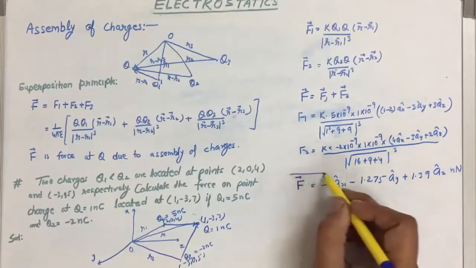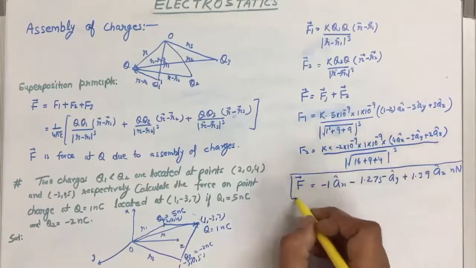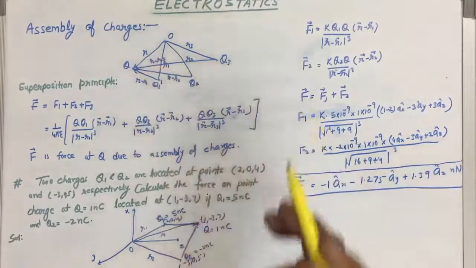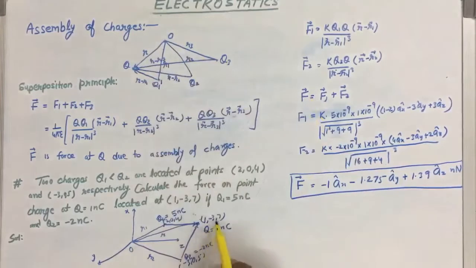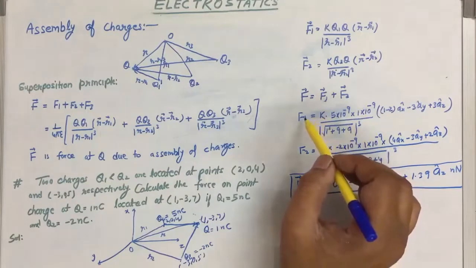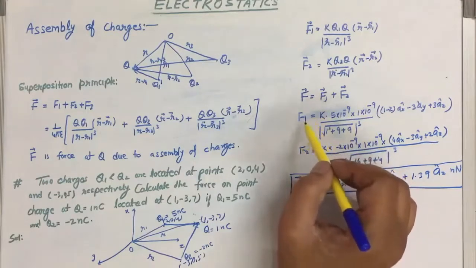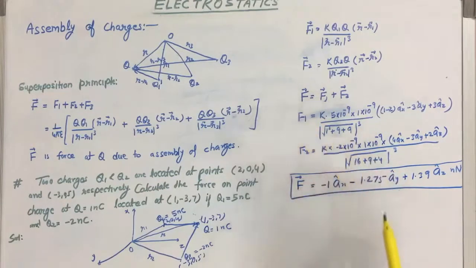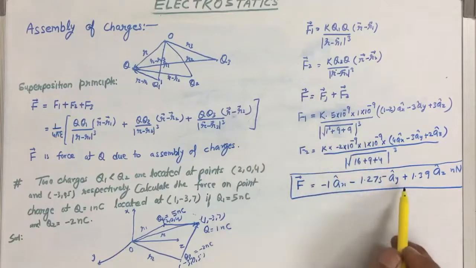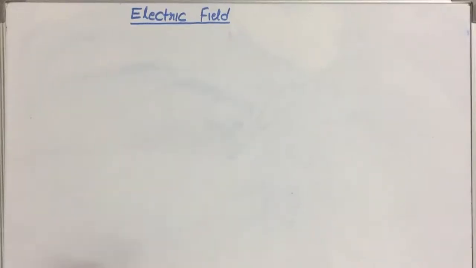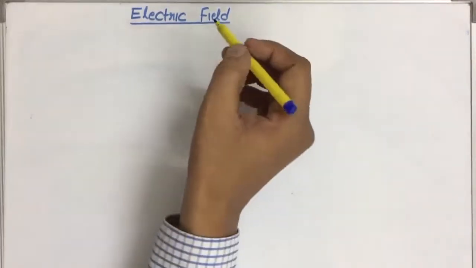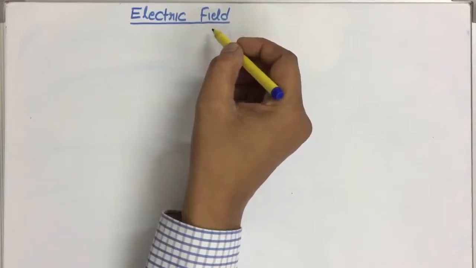This is the net force acting on charge Q in this system from these two charges. So I am taking the superposition theorem in which these two forces are added up, and that will give you this final result.